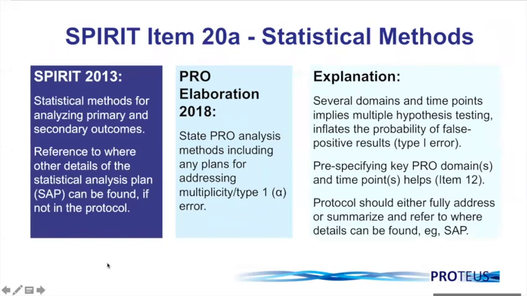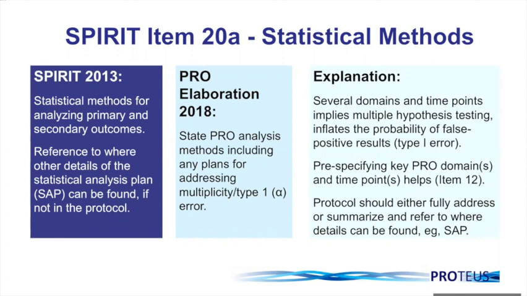Moving now on to Spirit item 20A, which is about statistical methods. The Spirit 2013 statement talks about being required to specify your statistical methods for analysing your primary and secondary outcomes. And it may not be appropriate to put all of this detail in the protocol.